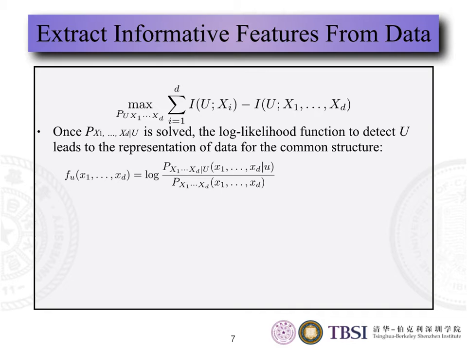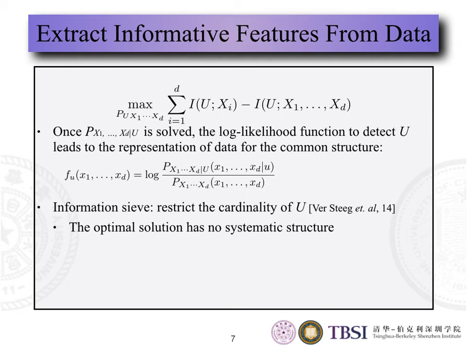Then this gives us an information theoretical optimization problem. Once we solve for the optimal conditional distribution P_{X1...Xd|U}, we can then use the log likelihood function, which is a sufficient statistic to detect U, as the informative representation of the data about their common structure.